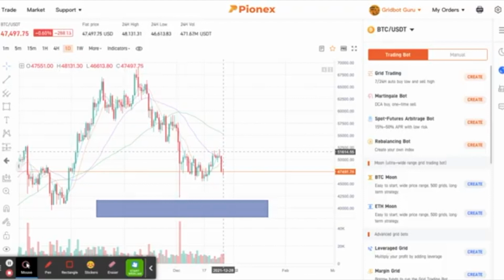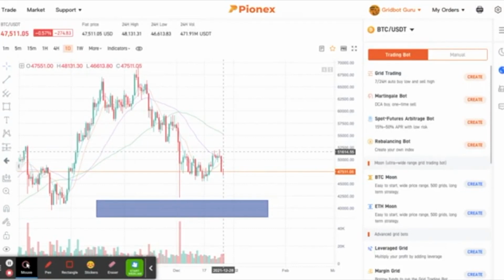So with a grid bot and a reverse grid bot, you invest, say, $100 throughout this grid. You have a high spot and a low spot, and throughout the grid, it will trade for you. It will trade some of the investment that you have made without you being around, without you watching it.